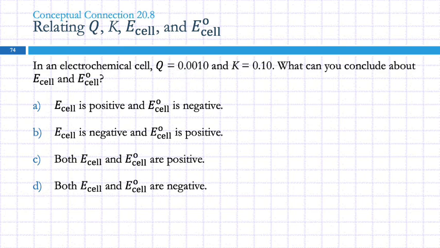What are we comparing Q to? We're comparing it to 1, because when Q equals 1, the cell potential is equal to the standard cell potential. So Q is less than 1, right? And so does that mean it's going to go more forward or more reverse?